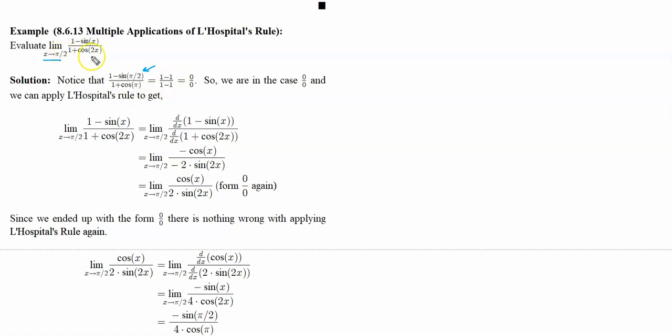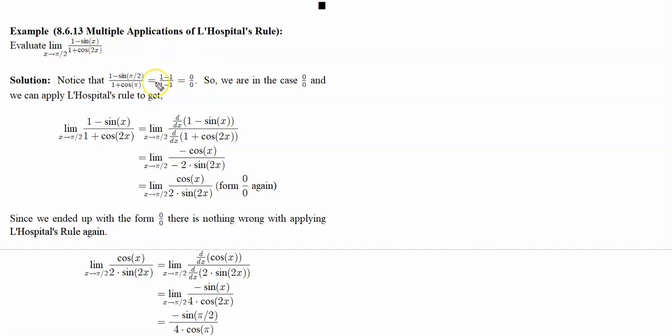And if we put pi over 2 into the denominator for x, we get 1 plus the cosine of pi. The cosine of pi is negative 1, so we get 1 minus 1, and yes, we get 0 over 0. So this limit is of the form 0 over 0, so we can apply L'Hopital's rule.